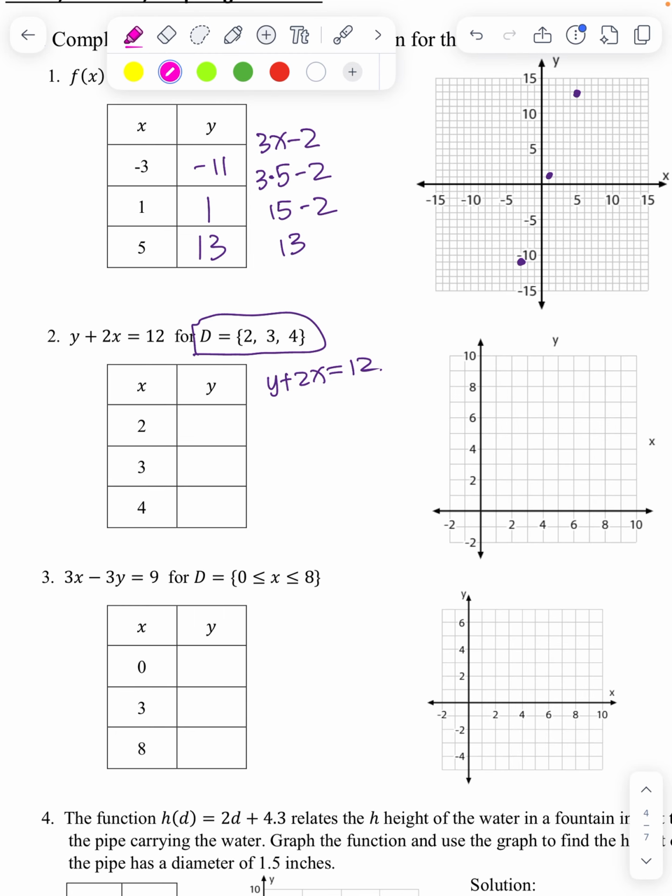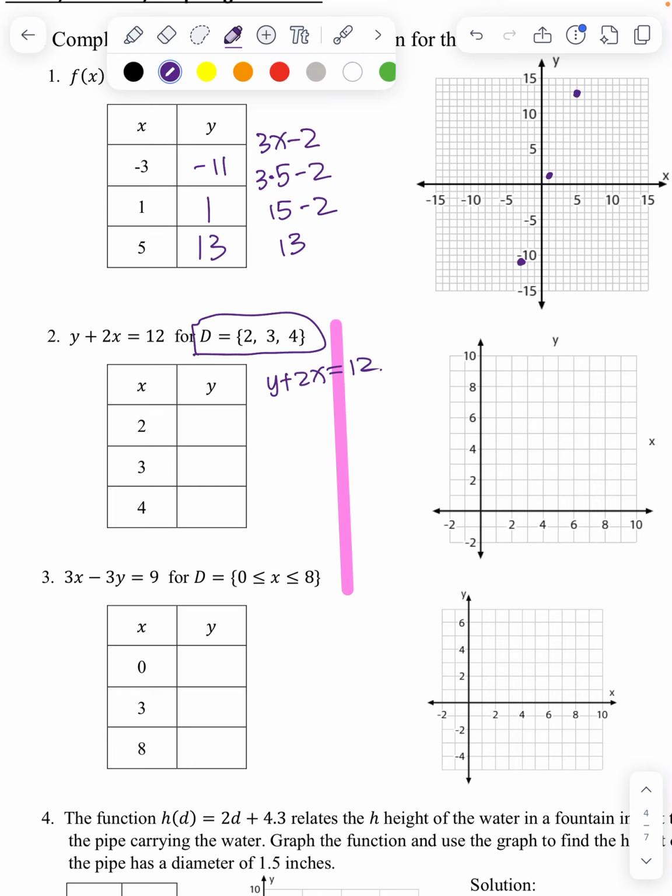The equal sign separates the function into 2 sides. If I move positive 2x to the other side, it changes to negative 2x.